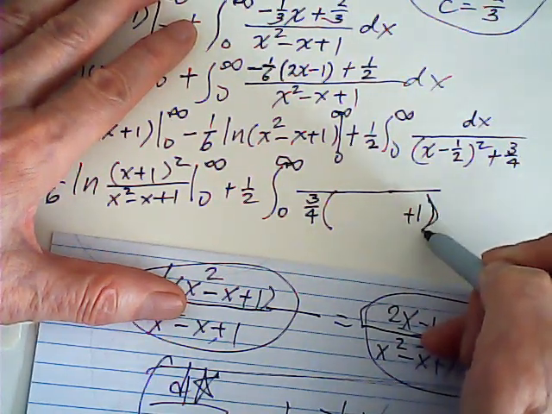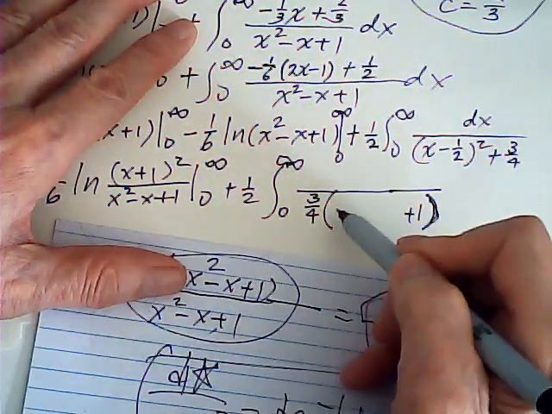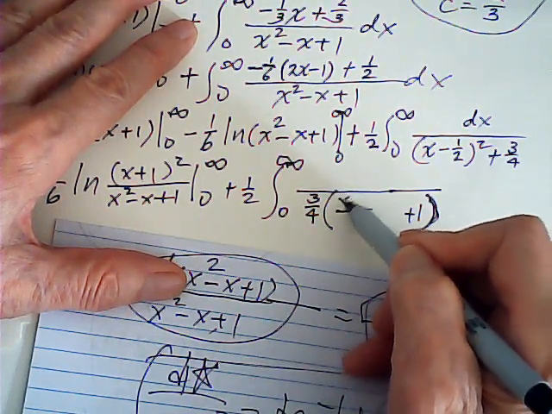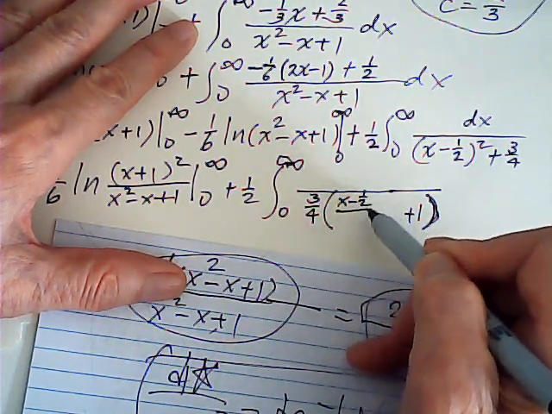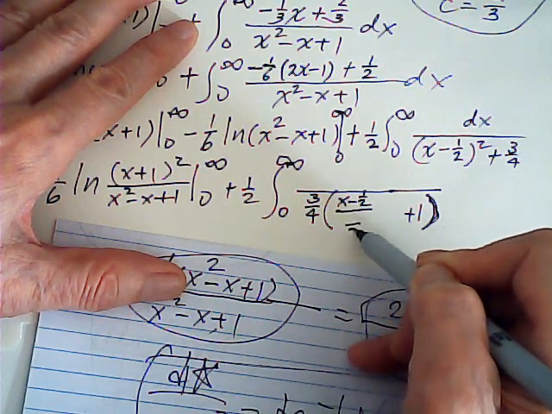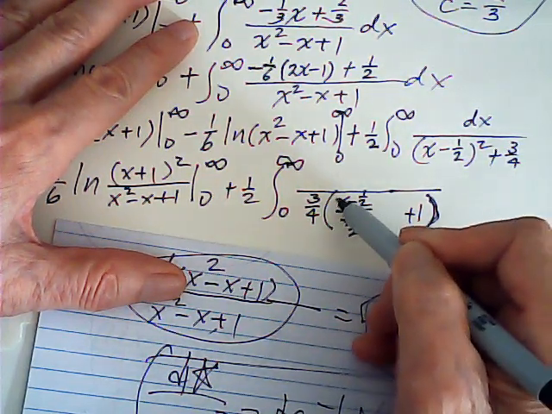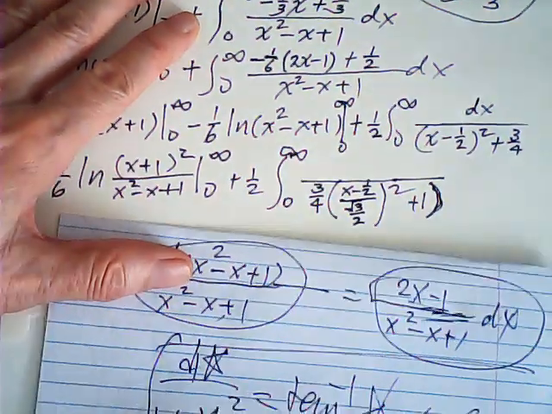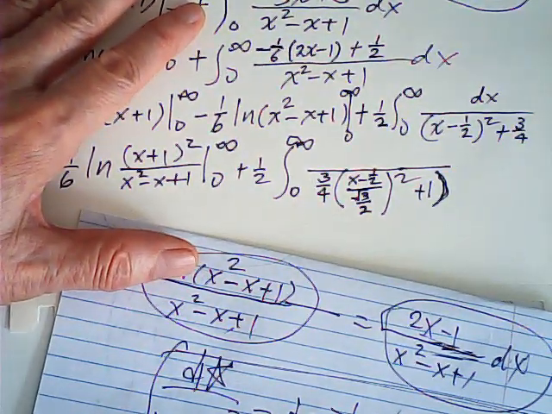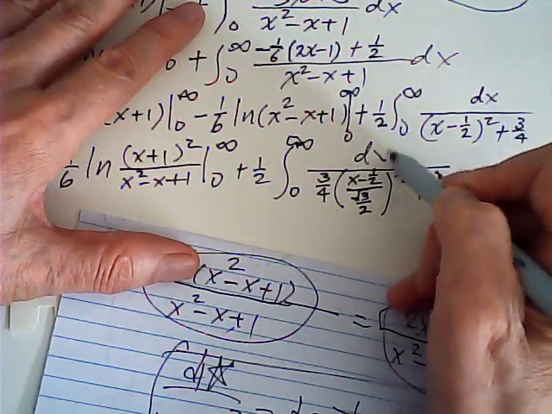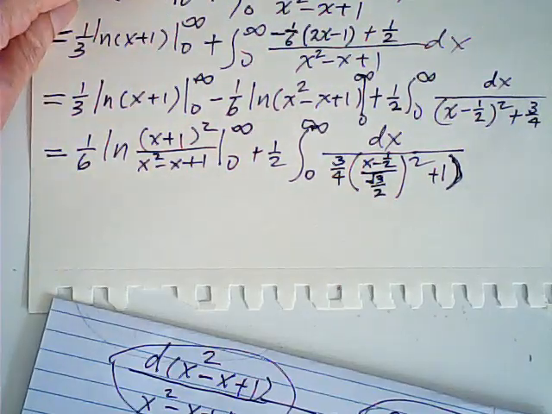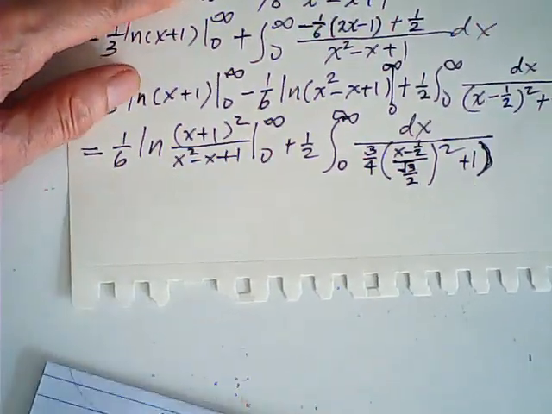Plus 1. And at the same time, this becomes x minus half and 2 over root 3, root 3 over 2, squared, in the dx, right?